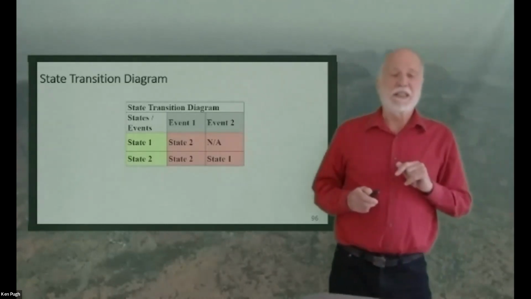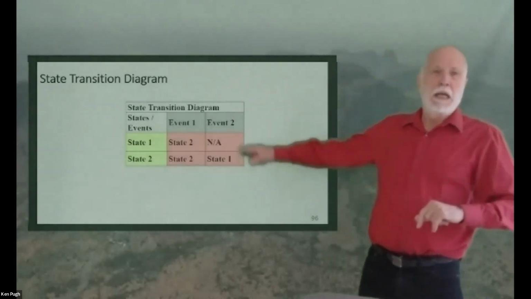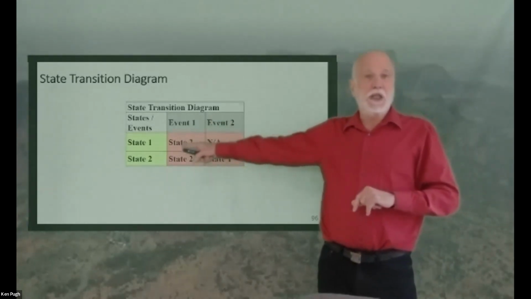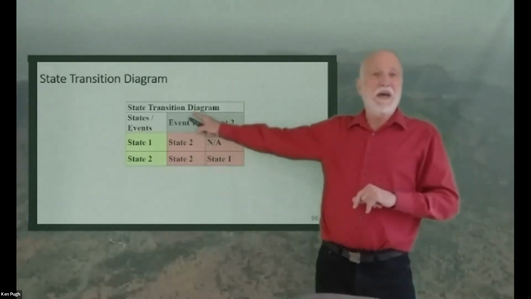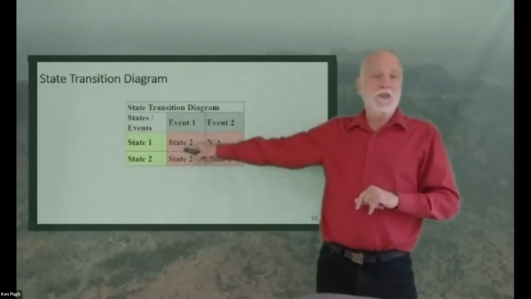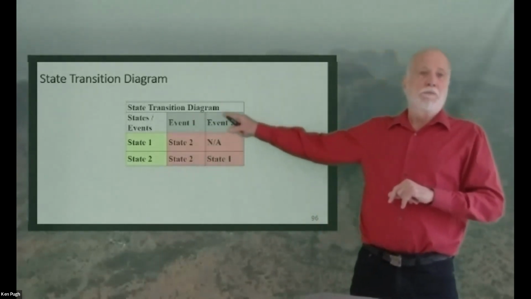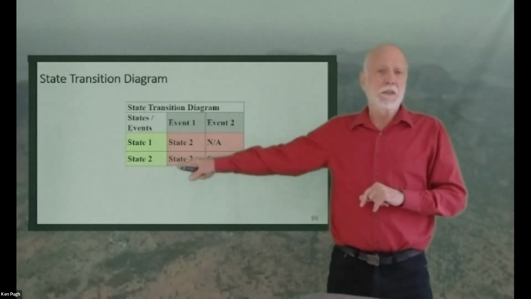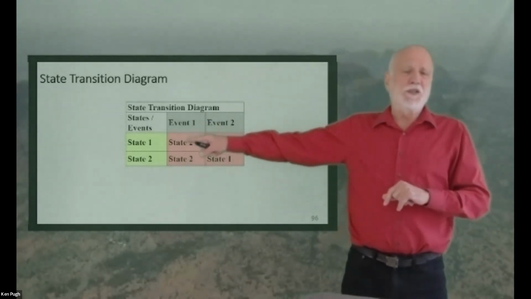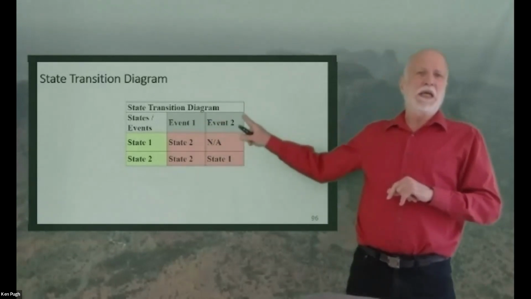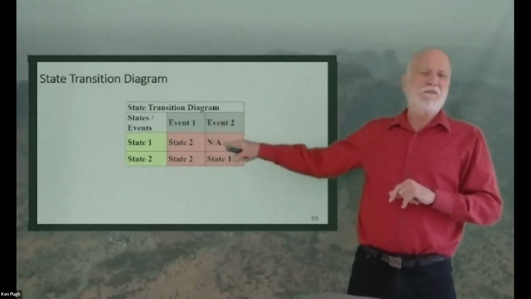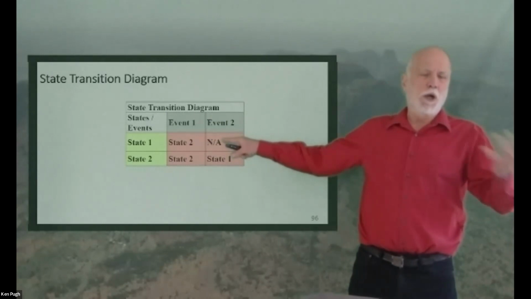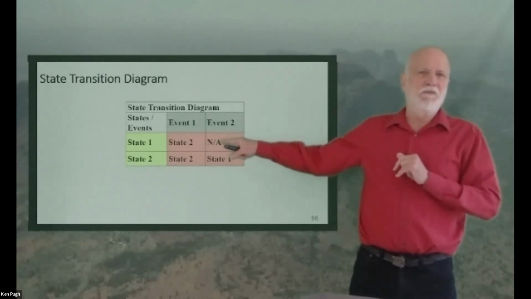And then we have a state transition diagram that given we're in a particular state, when an event occurs, we go to another state. Or if we're in a different state, we go to maybe a different state. And perhaps we're in state 1 and this event 2 occurs. Well, that should never have happened. We weren't in a state where that should have occurred.